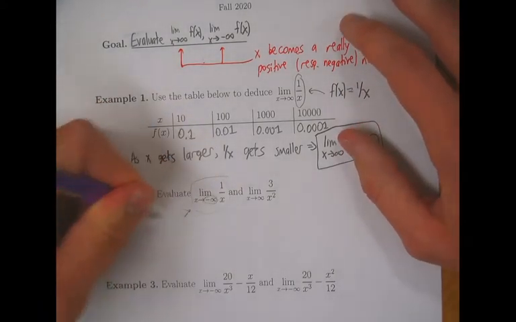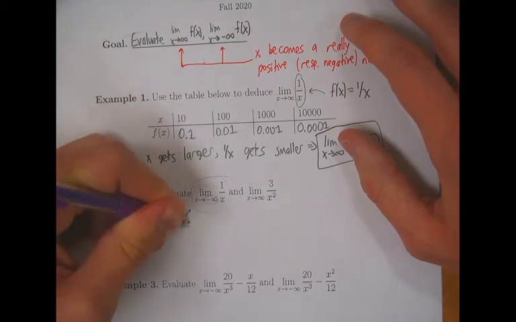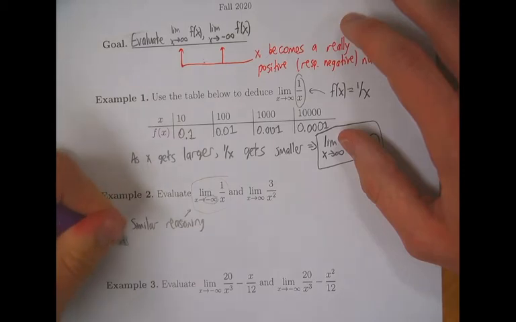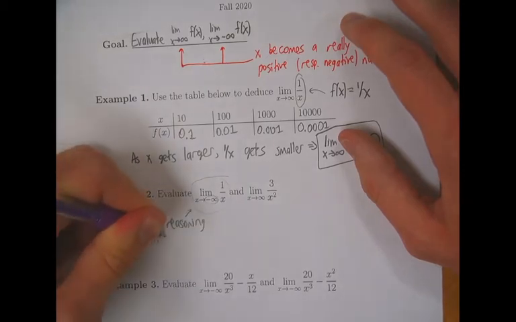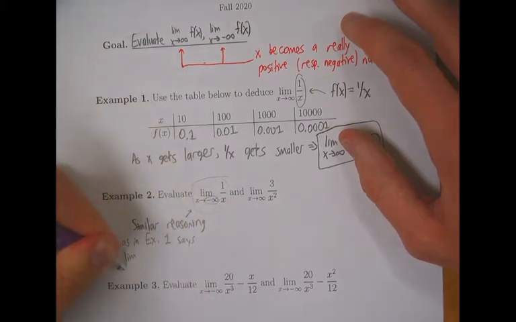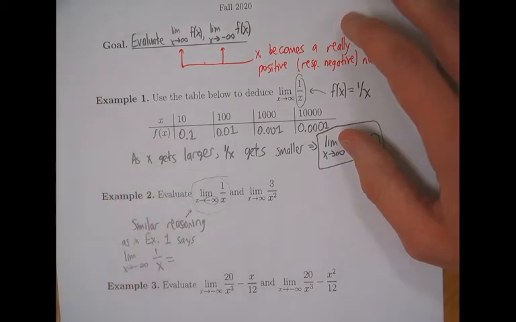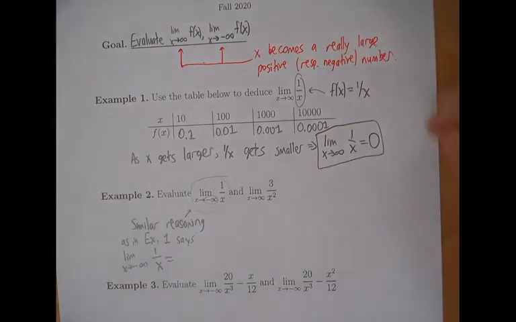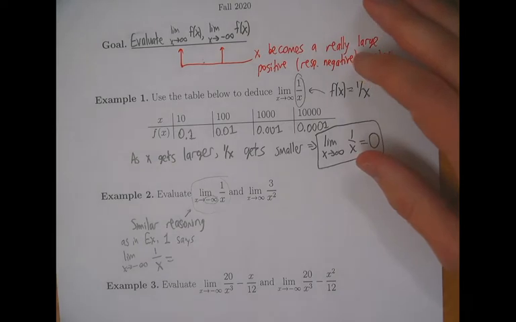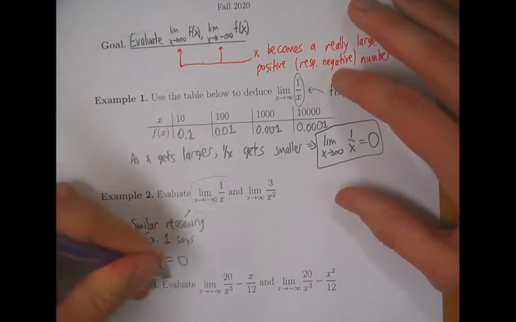So in that case, similar reasoning as in example 1 says that the limit as x goes to negative infinity of 1 over x should equal what? Zero. Yeah, just big fat 0, right? Okay.